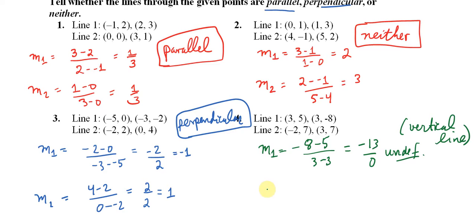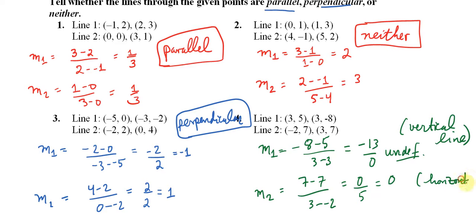M2 would be 7 minus 7 over 3 minus negative 2, so you get 0 over 5. The slope here is 0, and this is a horizontal line. So you have a vertical line and a horizontal line in this case. Therefore, that makes it perpendicular as well. Remember, perpendicular means that they form a 90-degree angle.